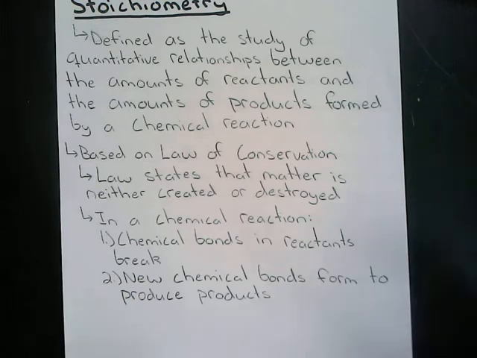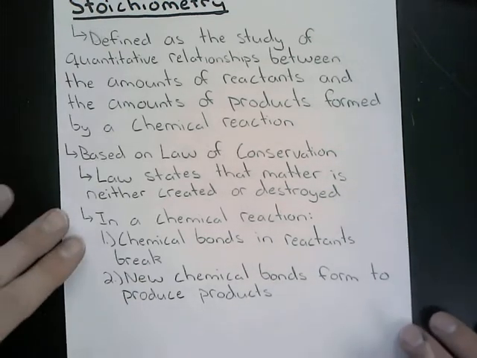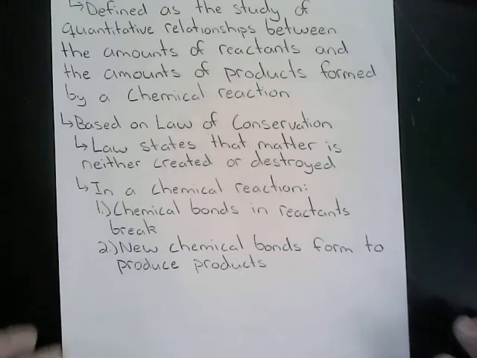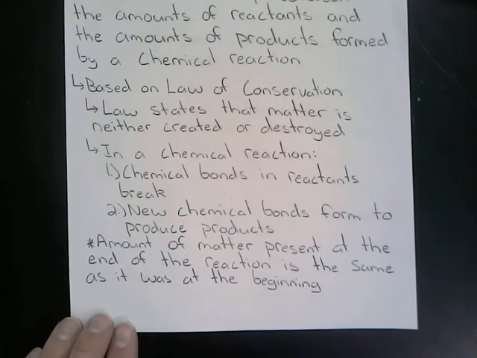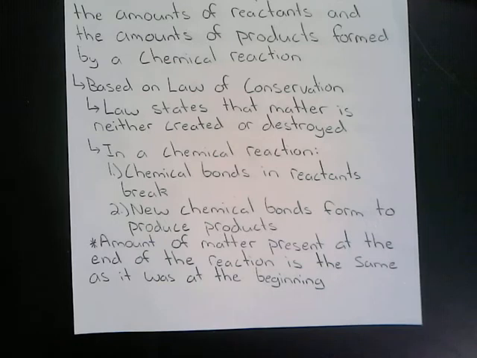During that process, it's important to remember that the amount of matter present at the end of the reaction is the same amount of matter that was present at the beginning. The other important point, tied very closely to stoichiometry, is that the mass of the reactants equals the mass of the products in a chemical reaction.